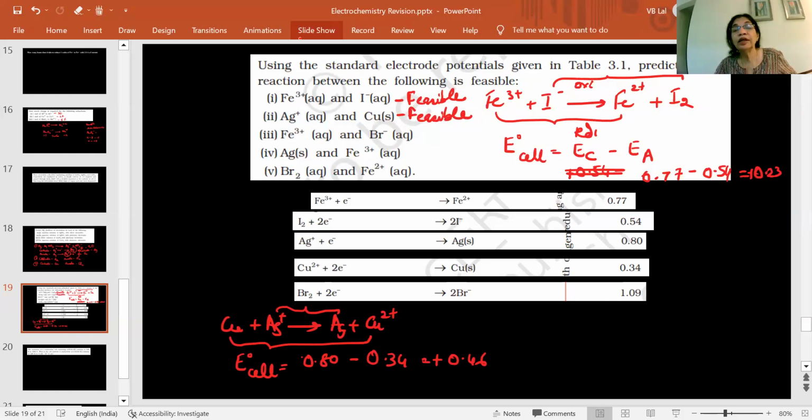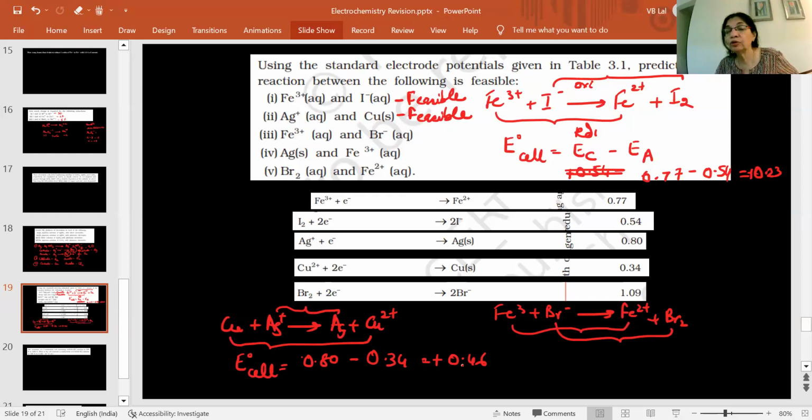Now let us look at the next one. Fe3 plus. So let us write here Fe3 plus and Br minus will give you Fe2 plus and Br2. So this is getting reduced and this one is getting oxidized.